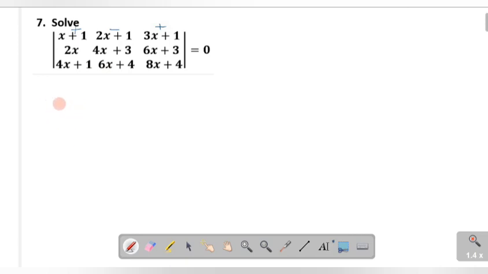So what you're going to do is cancel out this and this, so you'll be left with this and this. So the matrix is going to look like this.